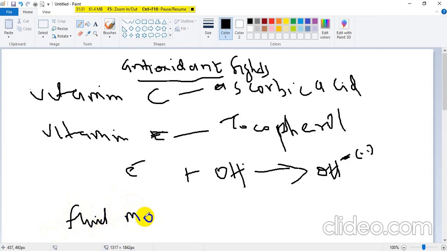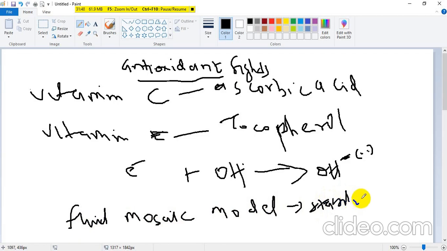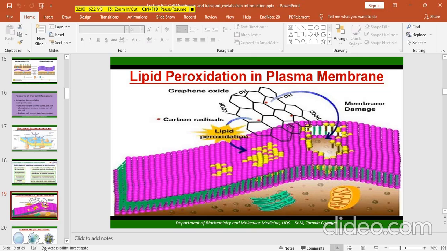It means that the cell membrane flows like a water body, like a liquid. So the cholesterol there is supposed to stabilize it or make it rigid, so that it will not flow too much. It will regulate the flow. That's the work of the cholesterol there.